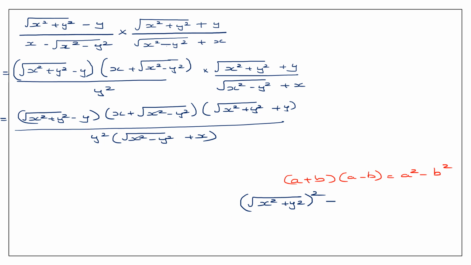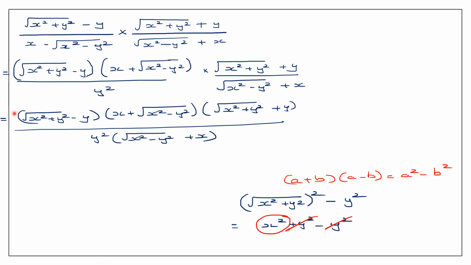So y square. Now when we are squaring a root, we remove the root sign and just write what is inside. So that is equal to x square plus y square. Now write the remaining, that is minus y square. Now we can cancel plus y square and minus y square. What is left is only x square.